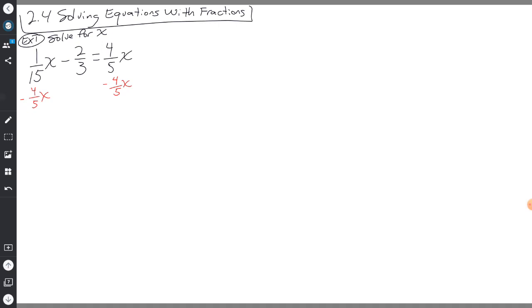And then this will cancel out and give us 0 for now. And then over here we're going to have 1 over 15 x minus 4 over 5 x. Do we still get the LCD?